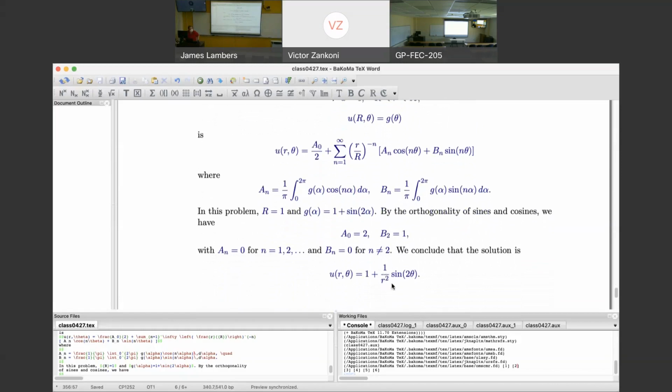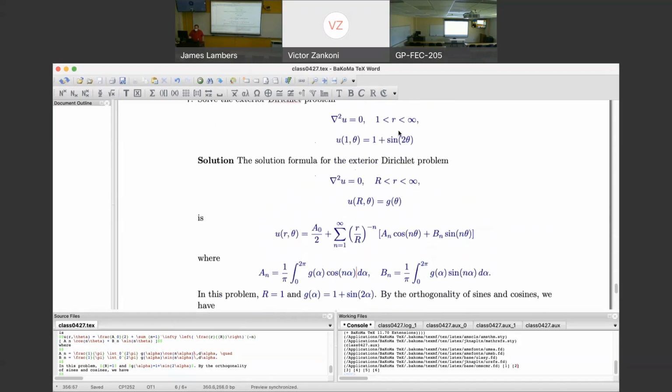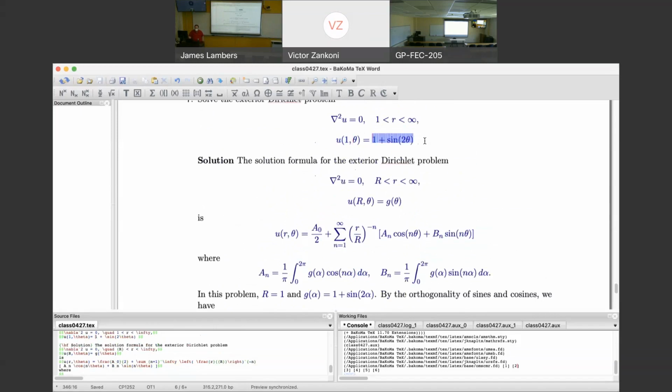Again, when you get to the end, you have an answer, the u of r, theta in this case, check it. Go ahead and set r equal to the radius corresponding to your boundary. Make sure that what you get is the boundary data.